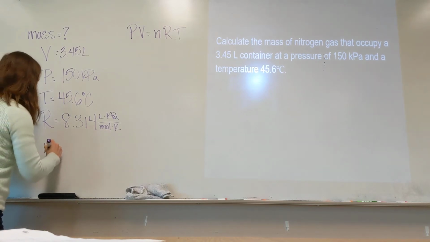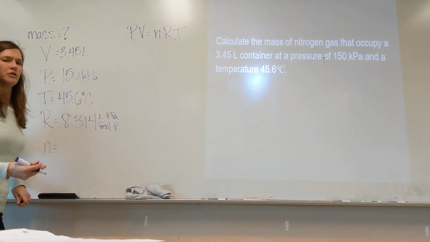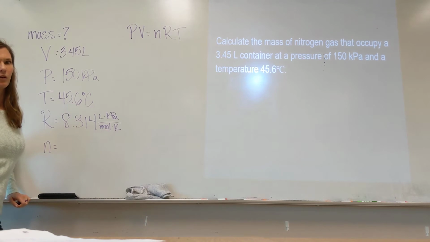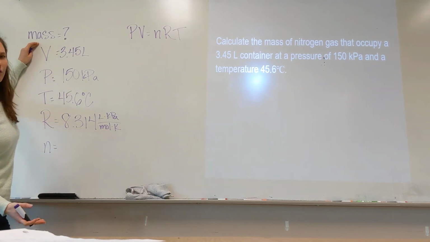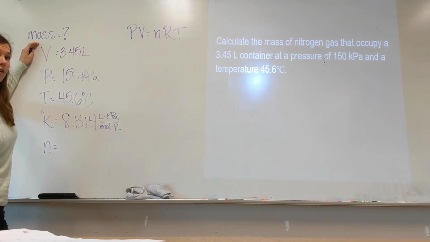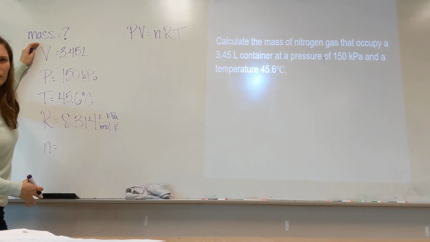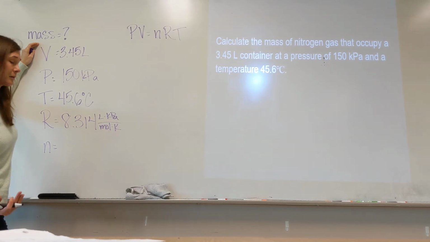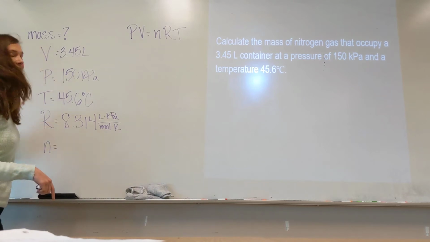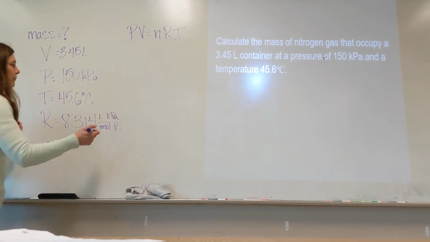And then I'm able to solve for n. So you might be going, okay, why am I going to solve for n, the number of moles, if I'm looking for mass? Well, remember from close to the beginning of this year, we're able to convert from moles to mass. Remember mole time. It's a fun place.